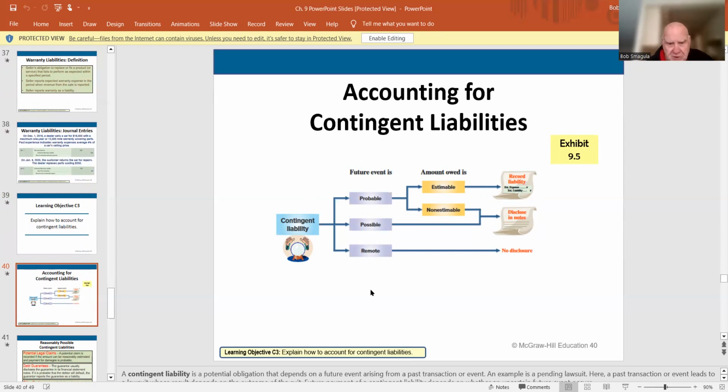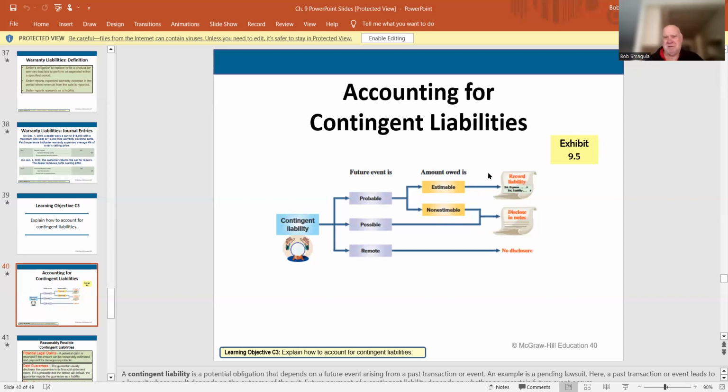So contingency, maybe is a good word for that. Future event: if the future event is probable, and we can estimate the amount reasonably, and if it's estimatable, we record the liability.